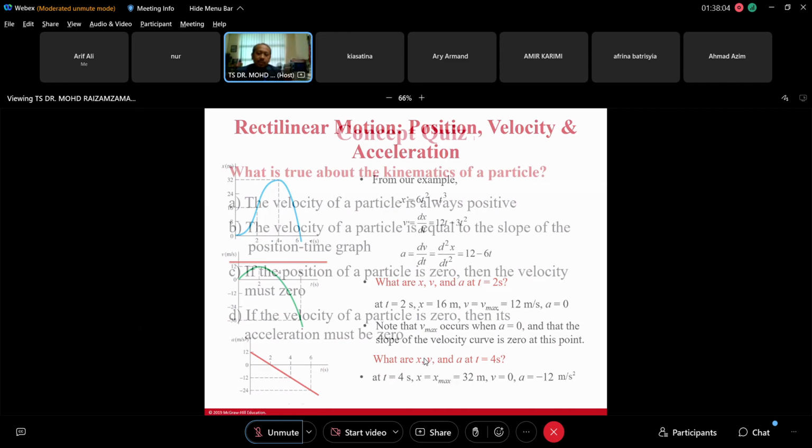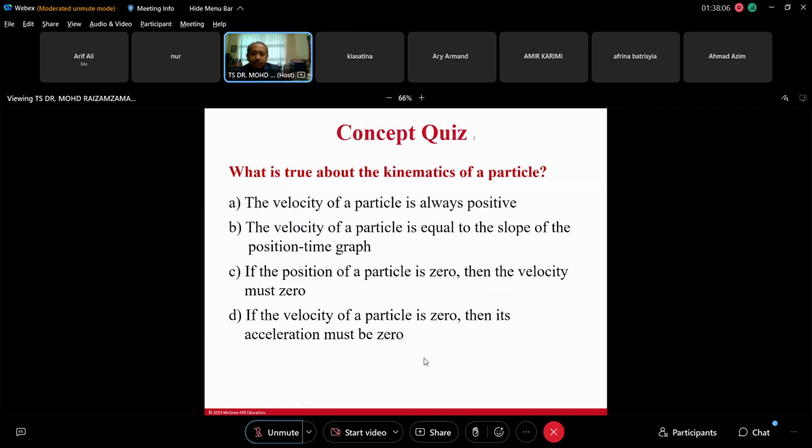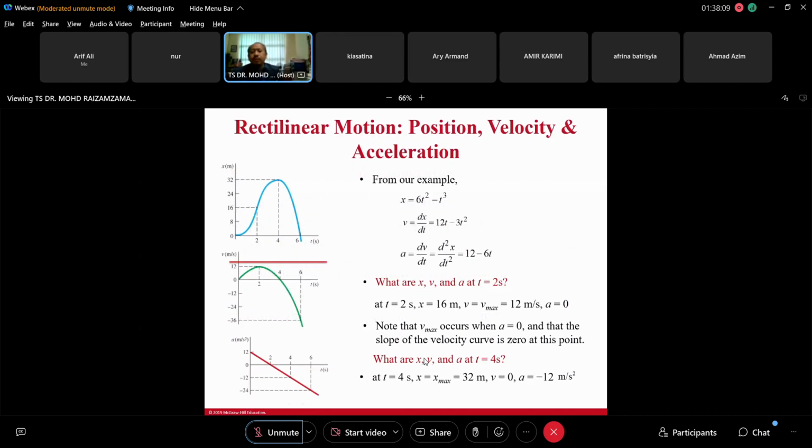Now class, look at these three graphs. We are trying to make two conclusions based on them. It's very important, because if you do not know this, you cannot analyze the motion of a particle. Look at the first, the second and the third graph here.